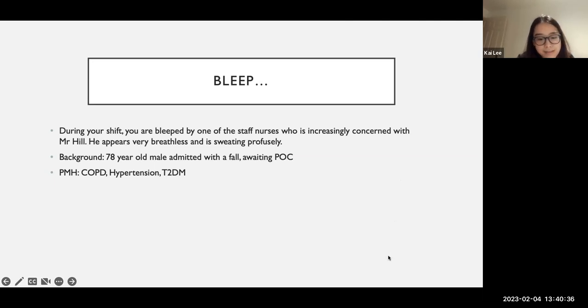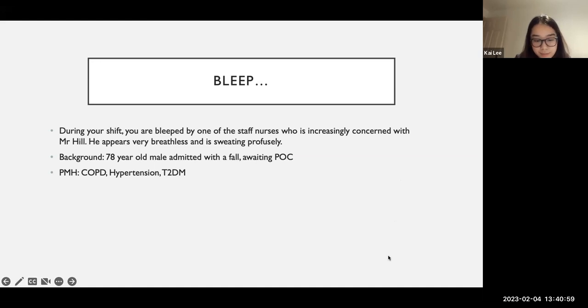We're quite happy that from A to E, you've stabilized Mr. Hill, and it will be really useful now to think that we're working towards a likely sepsis from a chest source. So for Sepsis 6, so far we have done oxygen and given him fluid. We've taken his blood and we'll probably add in a lactate as well.